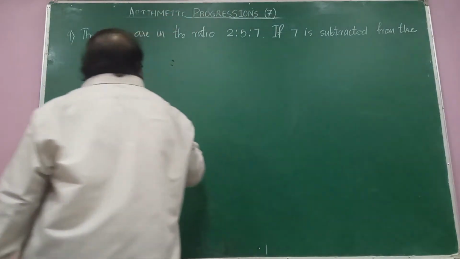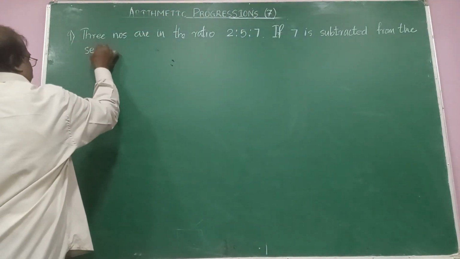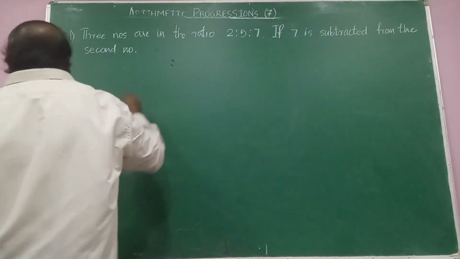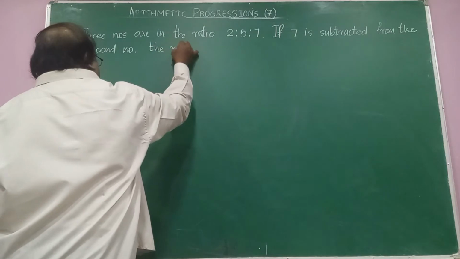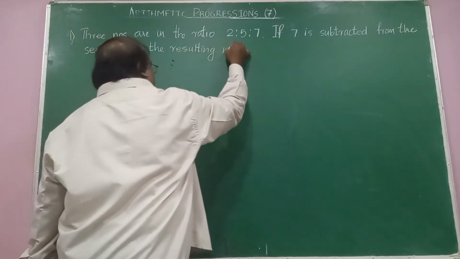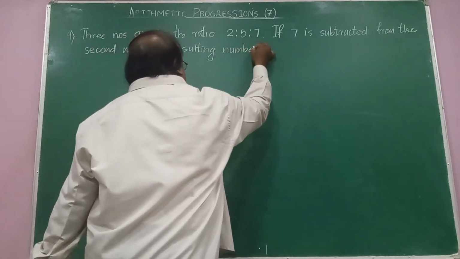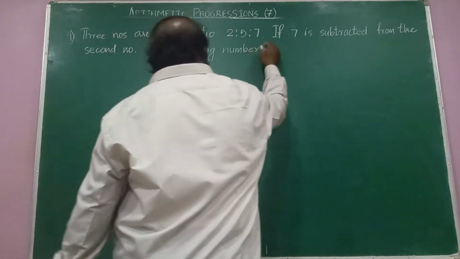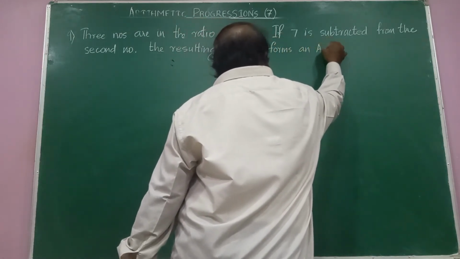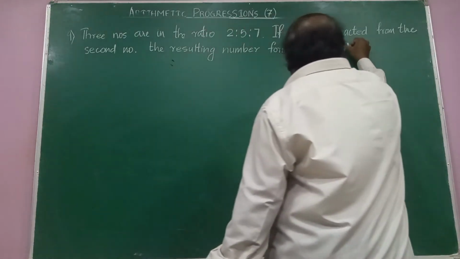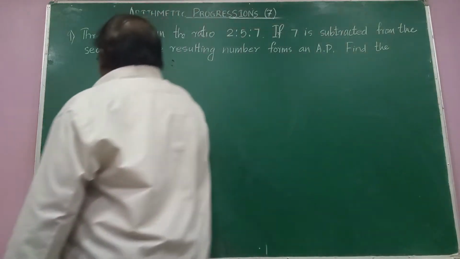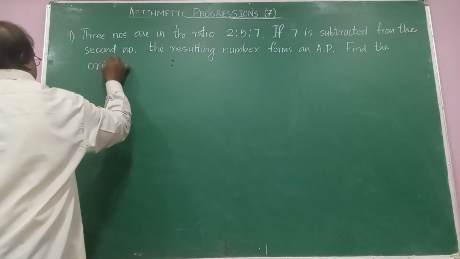If 7 is subtracted from the second number, the resulting numbers form an AP. My question is, find the original numbers.